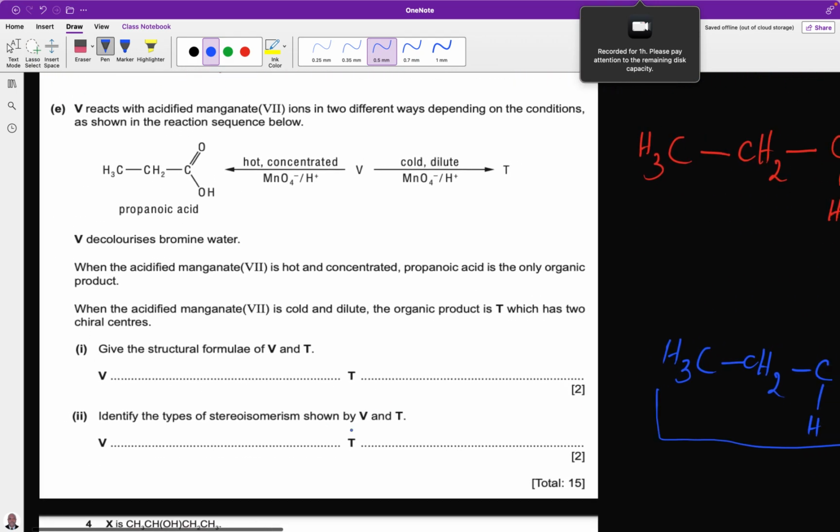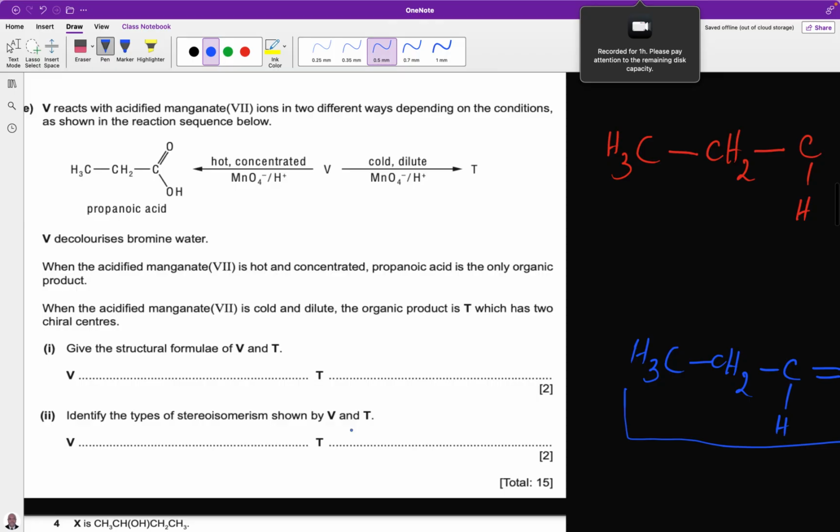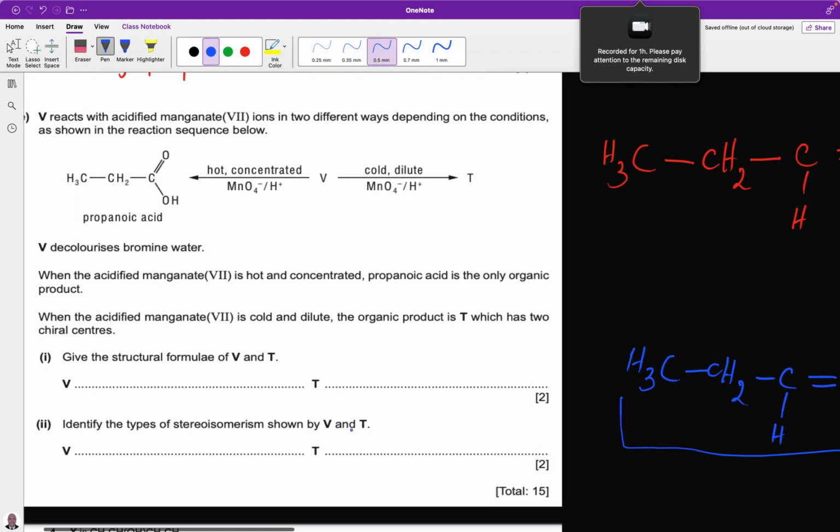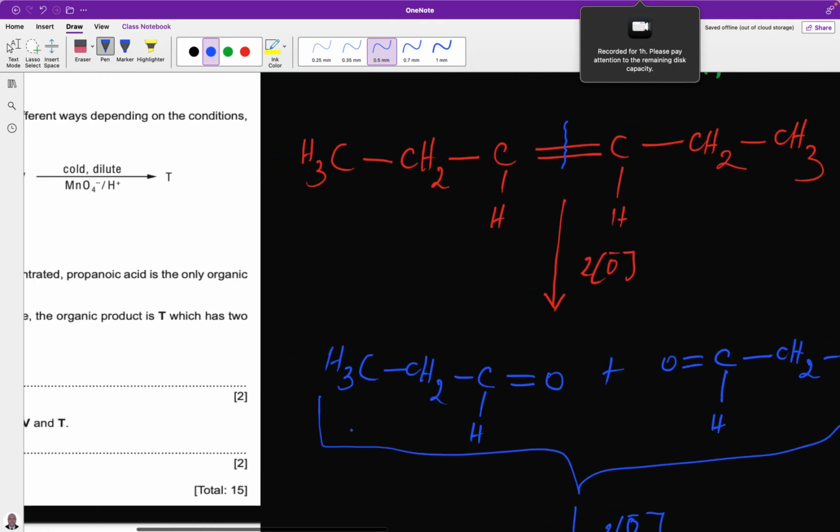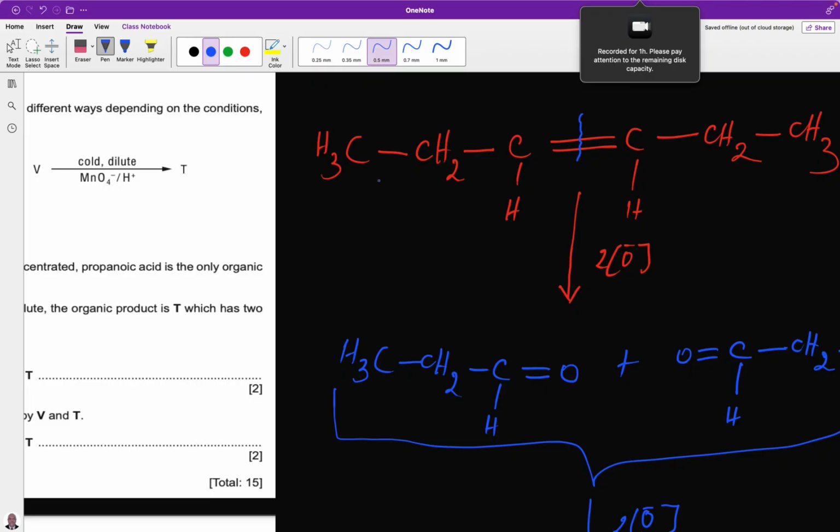Now, our question is, give the structural formula of V and T. And V is what? The structural formula for our V will definitely be from here. This is our structural formula for V: CH3CH2CH=CHCH2CH3.